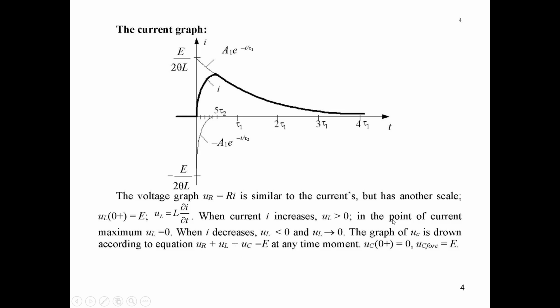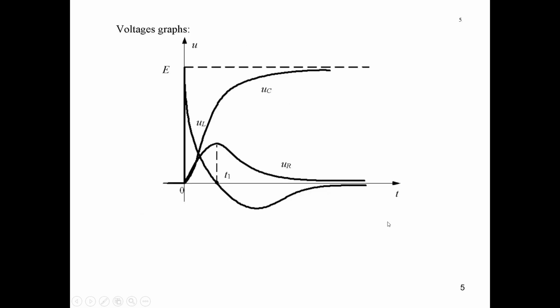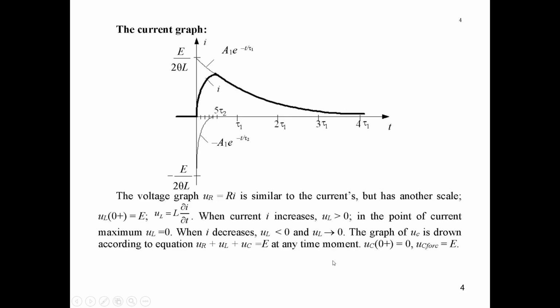And the condition should be complied that UC retains its zero value when time equals 0, you see, and this is UC which can be got as UC equal to this EMF minus UR minus UL.